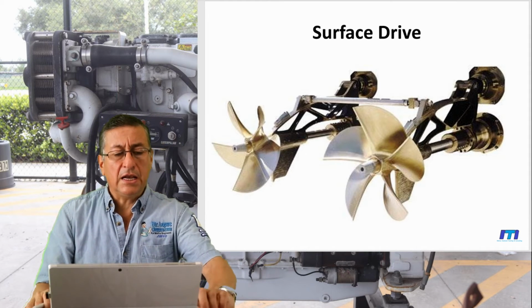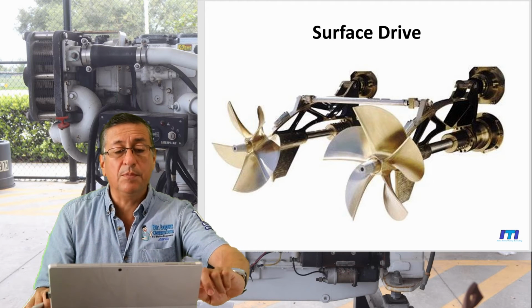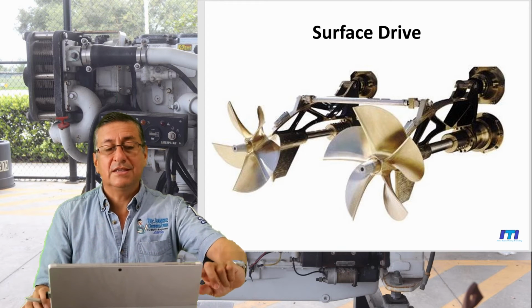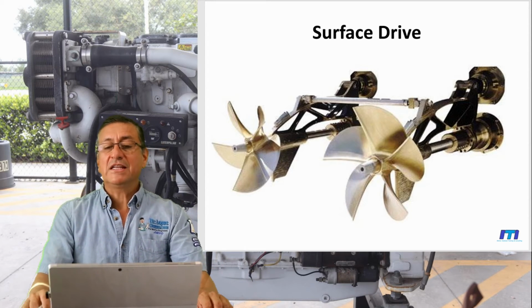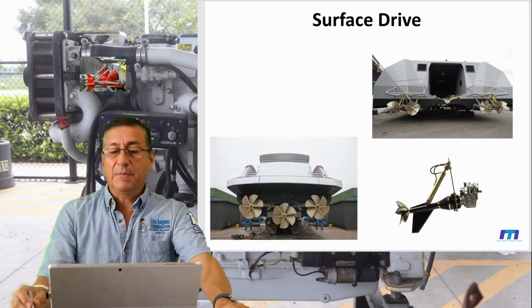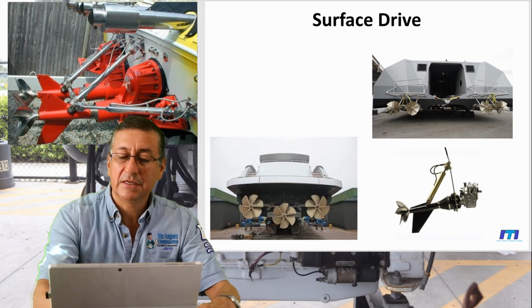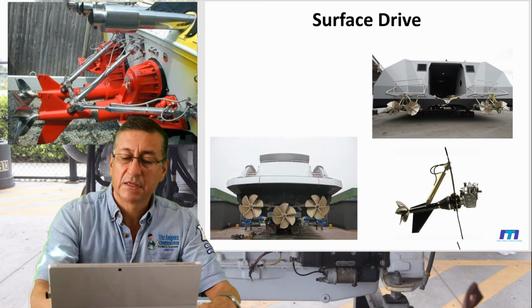All right, and another common equipment that we are going to use is the surface drive. The surface drive is excellent because the propeller is completely outside of the boat. If you check here in this example, this is the transom.